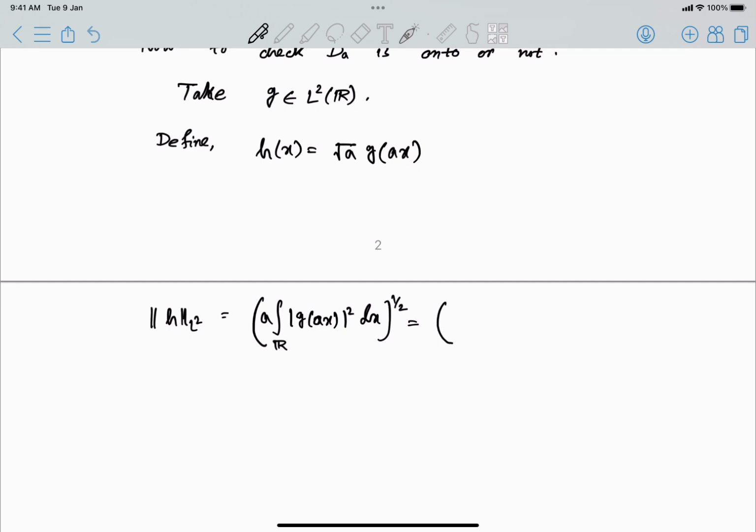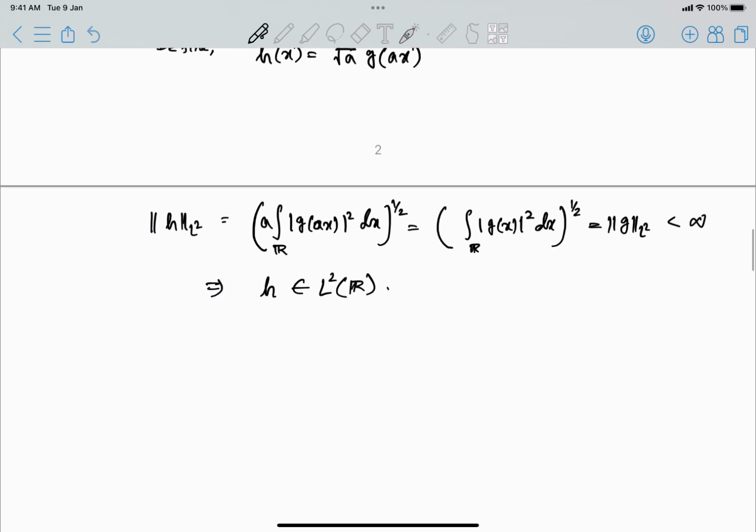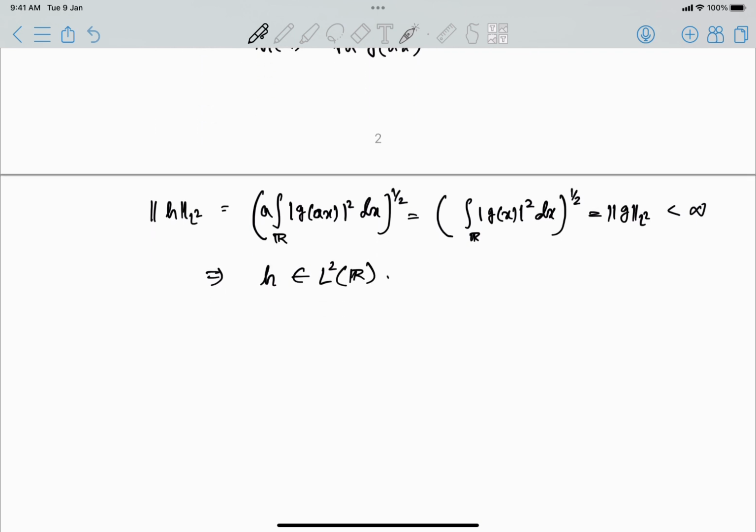So if you make the change of variable, here what will we get? The a cancels out, and you will get the integral of g(x) squared dx to the power half. So basically the L2 norm of g, and we have assumed that g is in L2, so this is finite. So the L2 norm of h is finite, which implies h is in L2 of R.